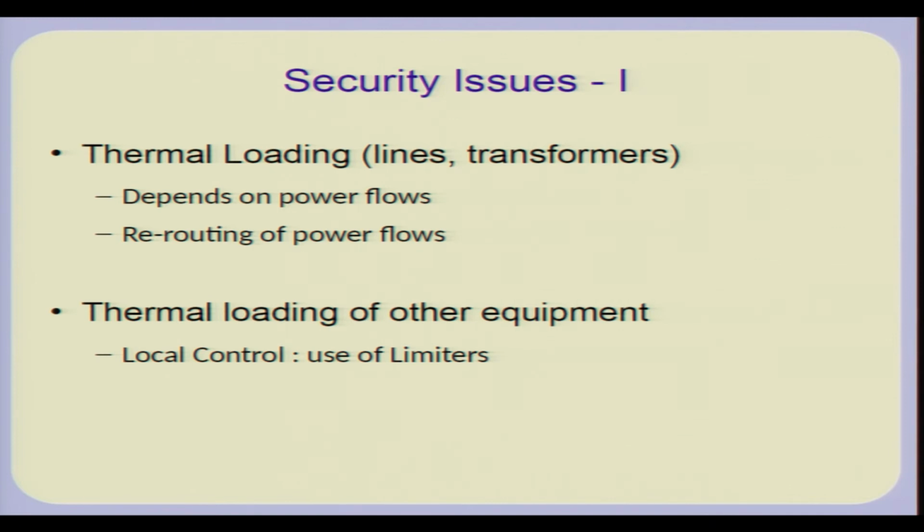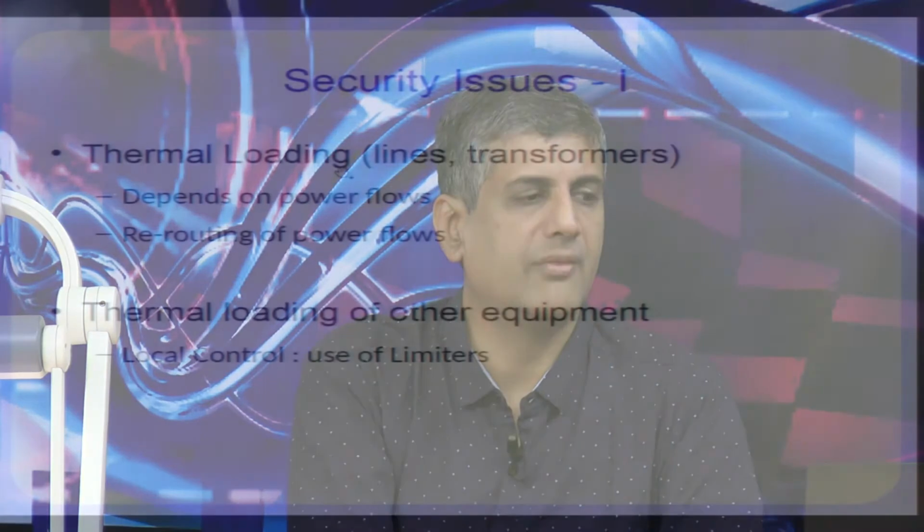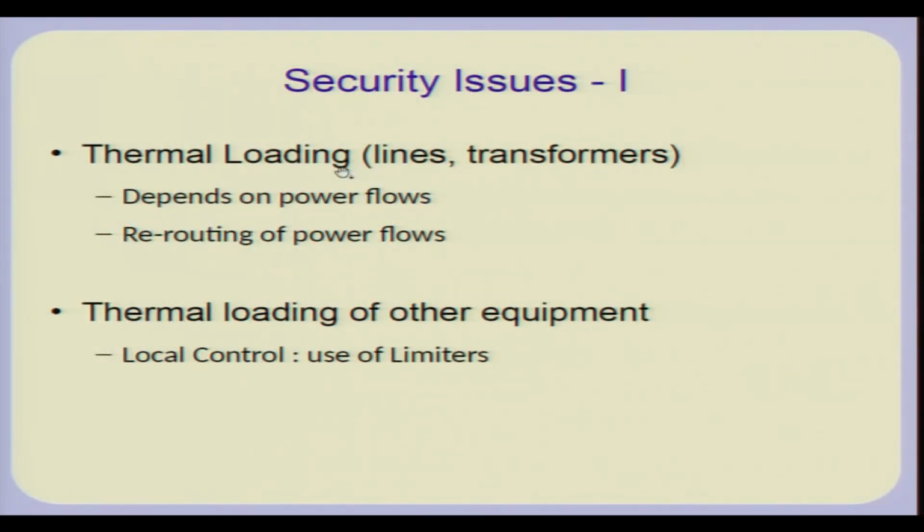Thermal overloading means essentially your currents are very high and they cause heating in the elements, which in the case of transmission lines causes sag and eventually a short circuit. If the lines sag too much, they may come close to other devices which are connected to ground, or trees and so on. So, there is a limit to the thermal loading of transmission lines.